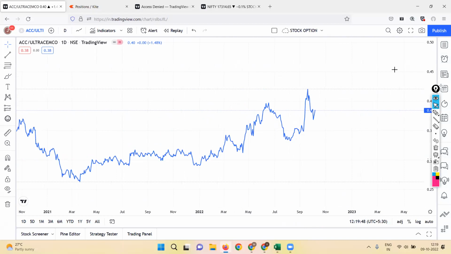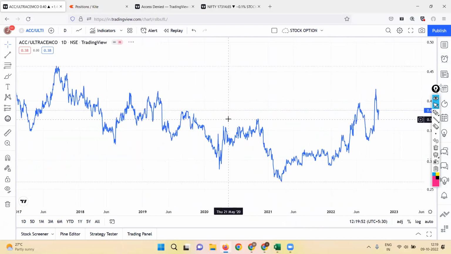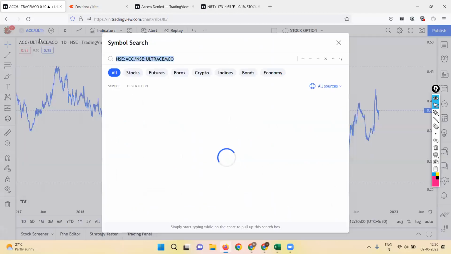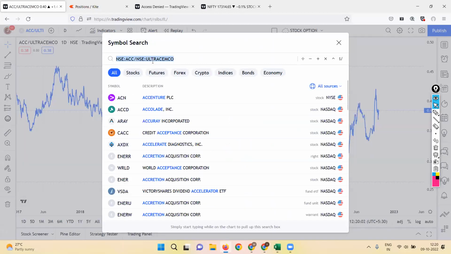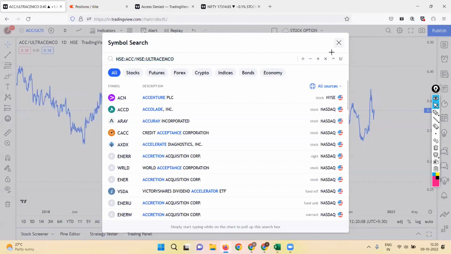When the price ratio is at a higher level, just as when we analyze a stock we draw support and resistance lines, we do the same here. ACC divided by Ultratech Cement gives the price ratio: first stock divided by second stock.